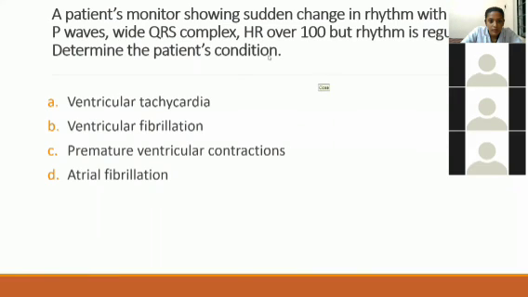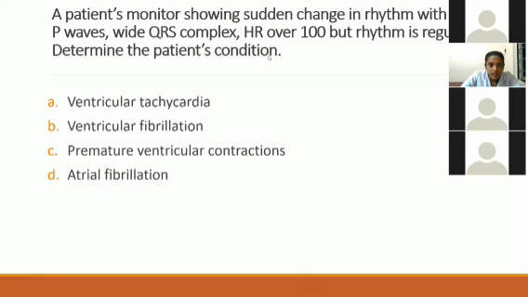Ventricular tachycardia. Yes, the answer is correct. So why? You can confuse it with premature ventricular contraction if there is a wide QRS complex.